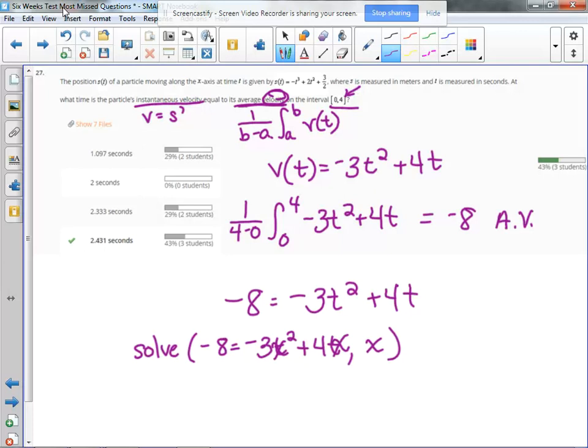So if it gave you 2.431 and, I don't know, 6 point something, the 6 point something is not in the interval, so that's not applicable. Usually they'll try to throw you off with something that shows up first to make sure that you're paying attention to whether it's actually in the interval or not.